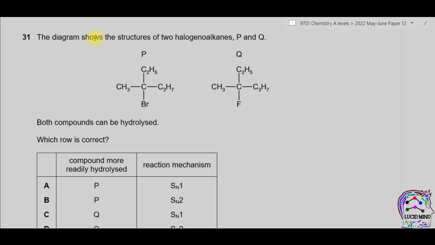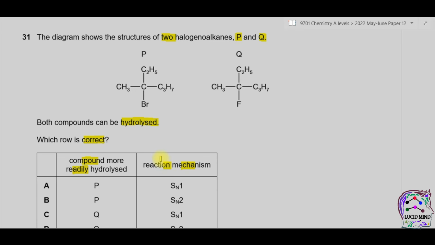Question 31. The diagram shows the structures of two halogenoalkanes. We have P and Q. Both compounds can be hydrolyzed. Which row is correct? You have to find out the compound that is more readily hydrolyzed and what should be the reaction mechanism.